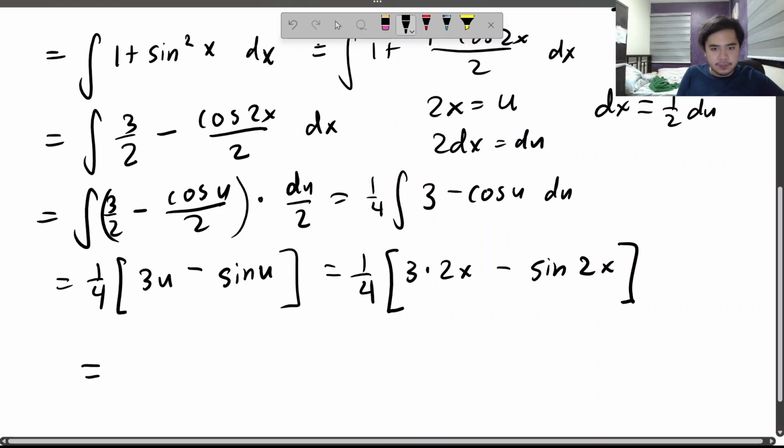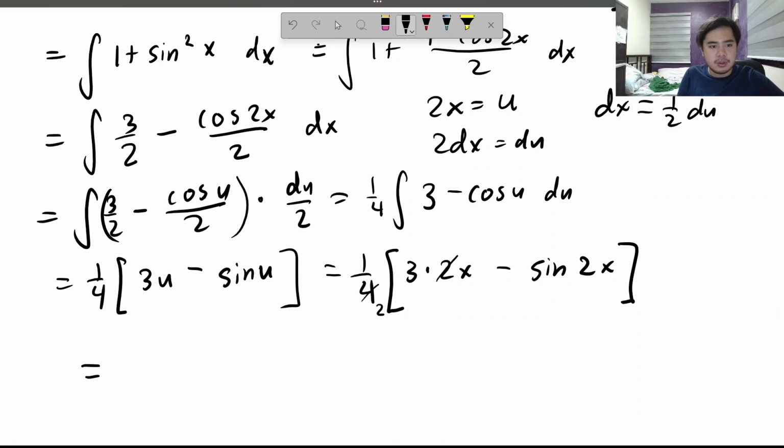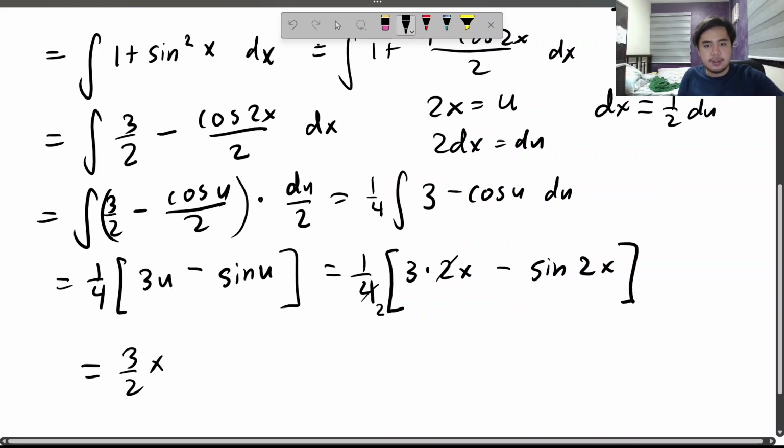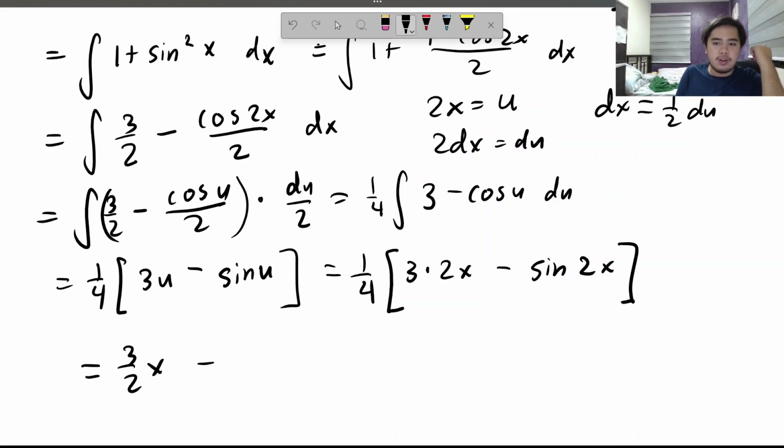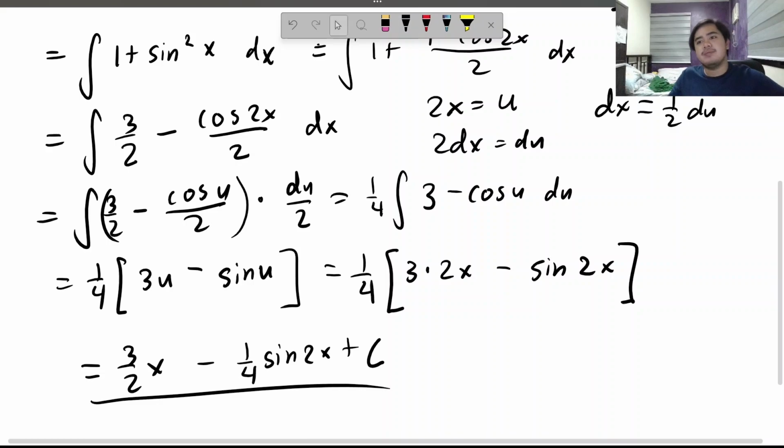This becomes 3 times 2 divided by 4, that becomes 3 over 2x, right? Minus 1/4 sine 2x plus C. That's the answer.